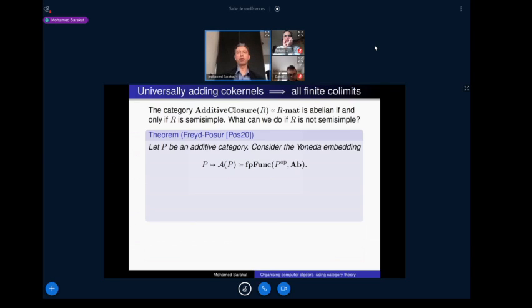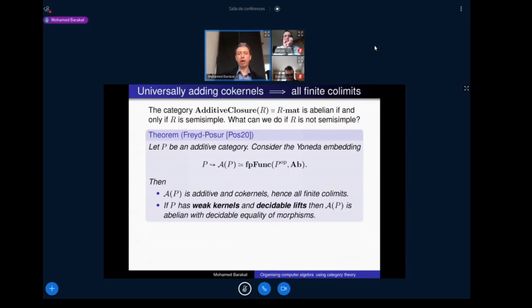This has another computer-friendly model, but this is actually conceptually the nicest description of this Freyd construction. A is standing for abelian because of the following. Then A of P is additive and has co-kernels. The "has" is missing, hence all finite co-limits.